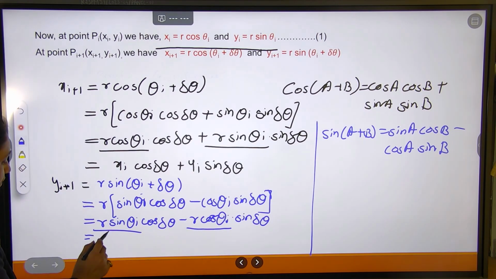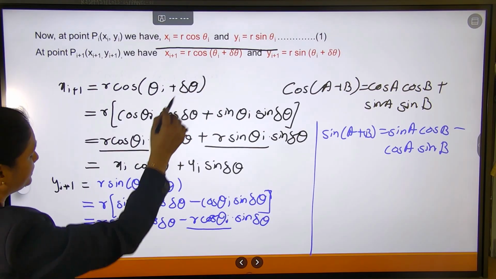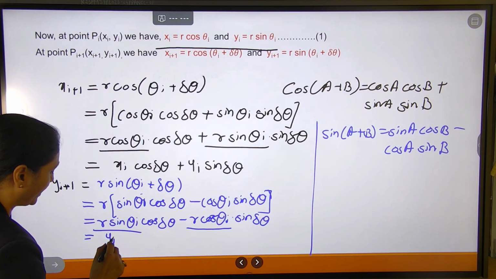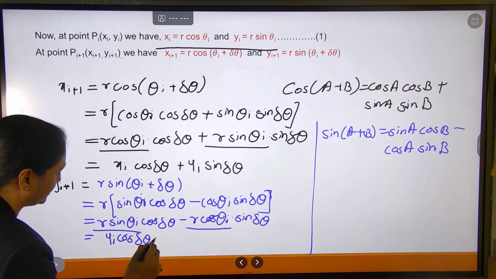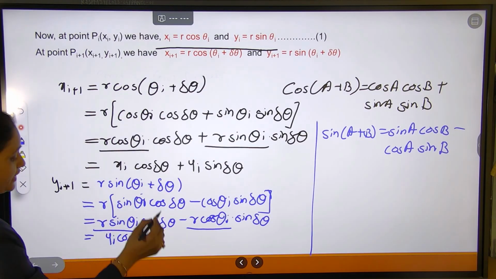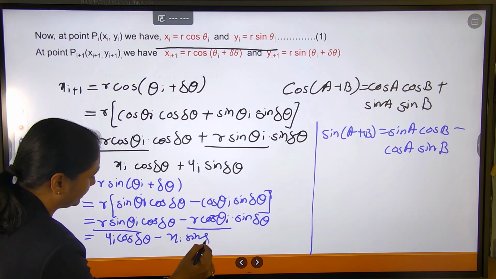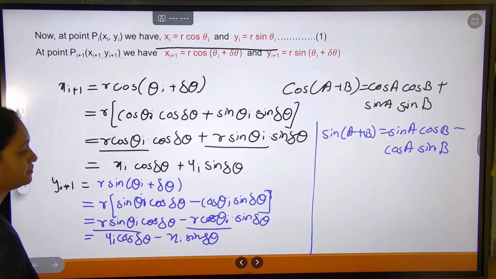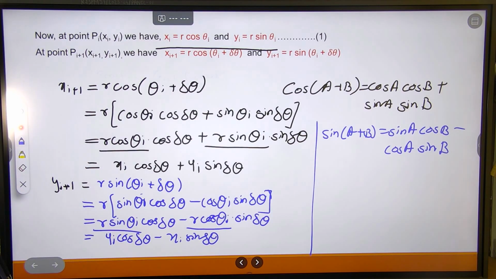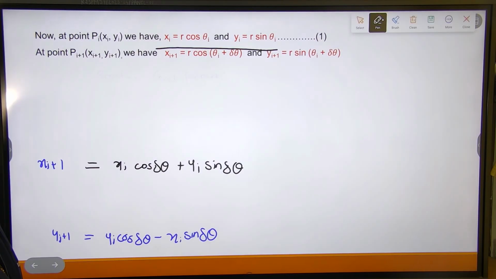Now what is r sin theta I? It is yi. So yi cos delta theta minus r cos theta I, which is xi, sin delta theta. So this is the y coordinate. So we have the x coordinate and y coordinate of the next points.